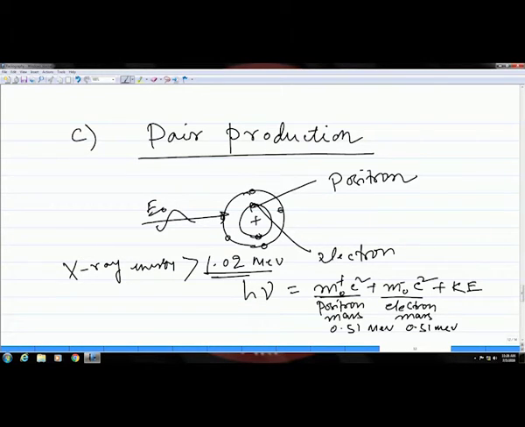Okay. And any extra energy that the X-ray will have, that will go into providing kinetic energy to the electron and the positron.